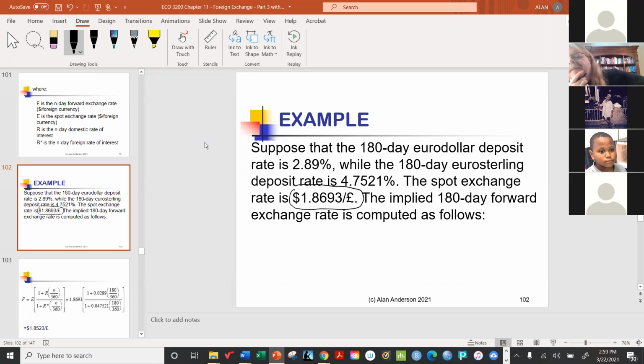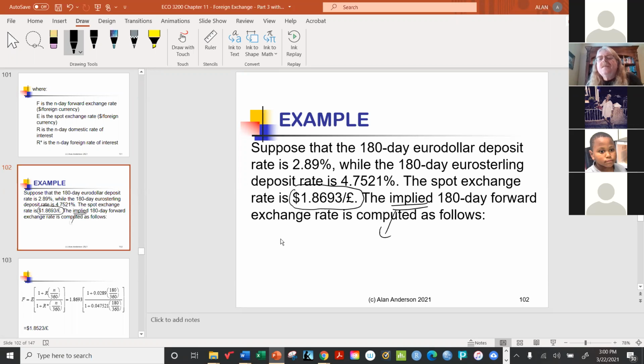Who knows? The pound, within the last 10 or 15 years, has been as low as $1.02 and as high as $2 and some odd cents. It just goes up and down like a roller coaster. All currencies are like that. They're very, very volatile. Anyway, so if we plug the numbers into the interest rate parity condition, we'll come up with what's called the implied 180-day forward exchange rate.